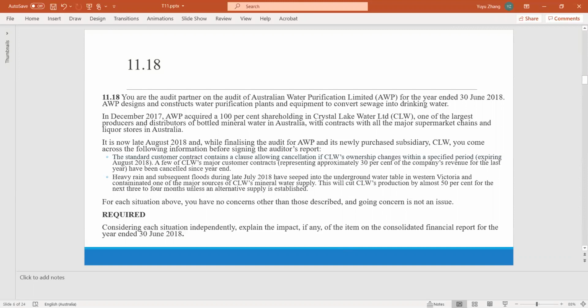You are the audit partner for the year ended 30th June. The company designed and constructed water purification plants and equipment.